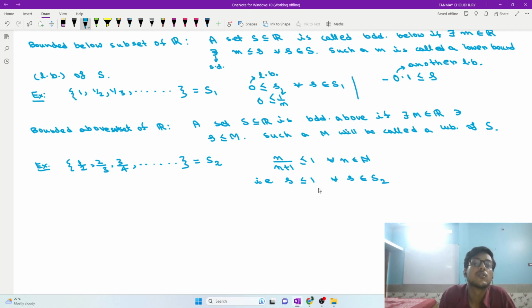So 1 works as an upper bound here. Anything greater than or equal to 1 will also work as an upper bound, which is quite obvious. Okay.